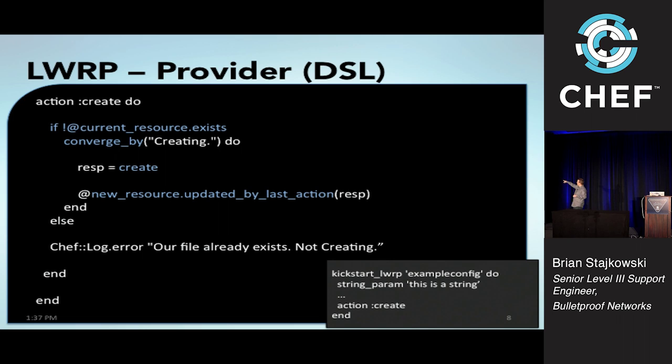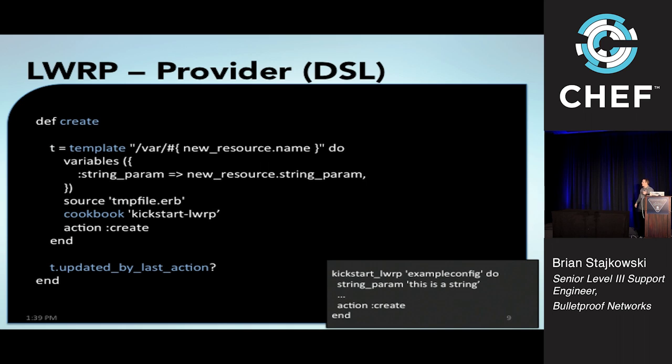You'll notice also that I gather a response from that method that I called create, true false value, of whether it was successful or not, and I store that into a method that is housed by a new resource called updated by last action. That just states, yes, I updated the node based on this last action, and that's it. So here's my actual create method that I'm calling. Great thing about LWRP is that you can use Ruby, right?